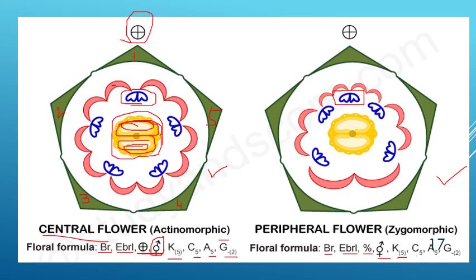Then we have the corolla. The number of corolla is 5, they are free. Then we have androecium. The number of androecium is 5, they are free. Again we have the gynoecium. The number of gynoecium is 2, and the bracket indicates they are fused together or syncarpous in nature. As the ovary is inferior, we put a line. Here I put a line in black color for your understanding. This line indicates the ovary is inferior.